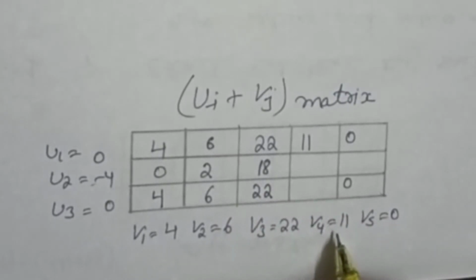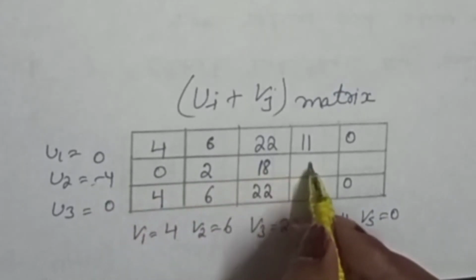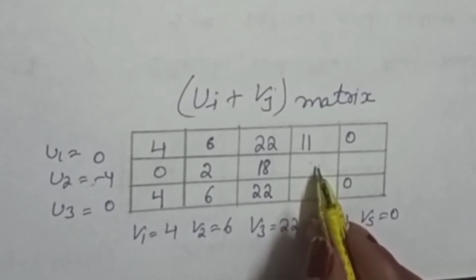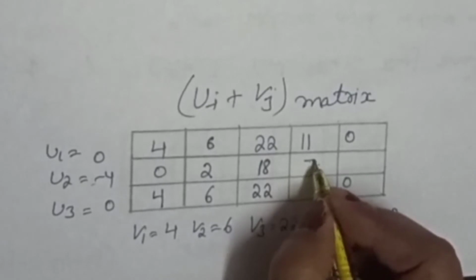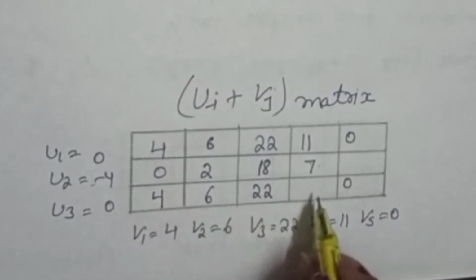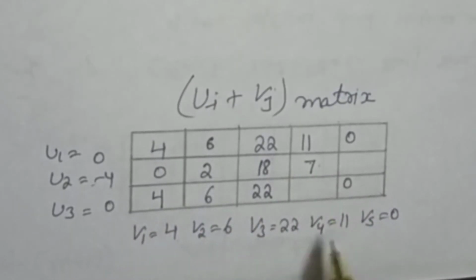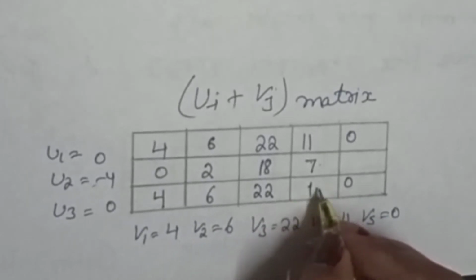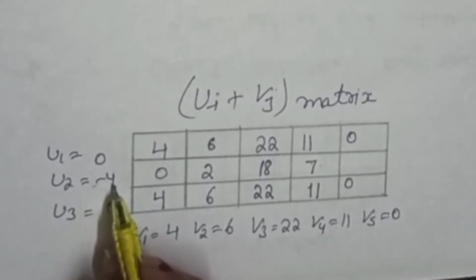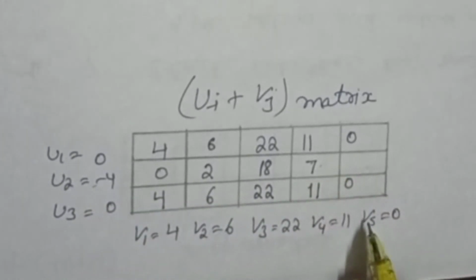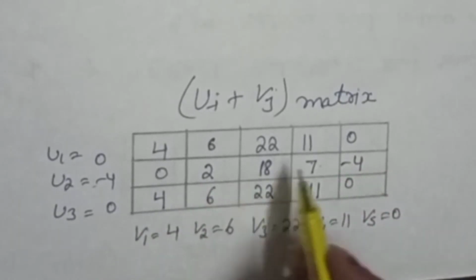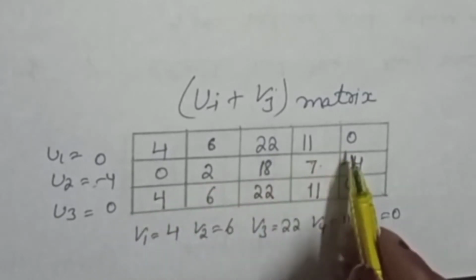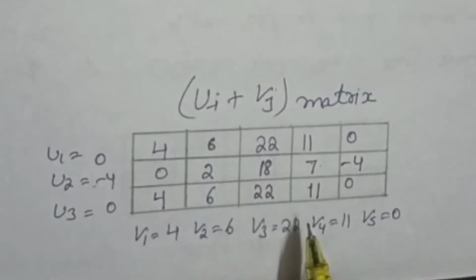Here we have v4 equal to 11. u2 plus v4 is equal to this cell value. Minus 4 plus 11 is equal to 7. 0 plus 11 is equal to 11. Minus 4 plus 0 is equal to minus 4. Now we have calculated all the values in the ui plus vj matrix.